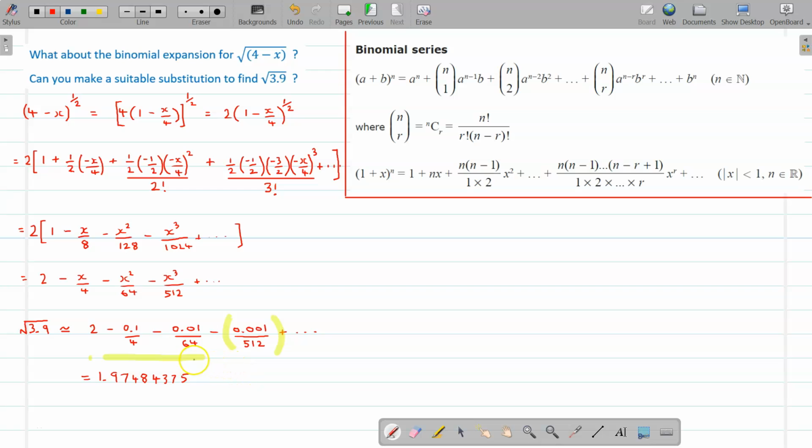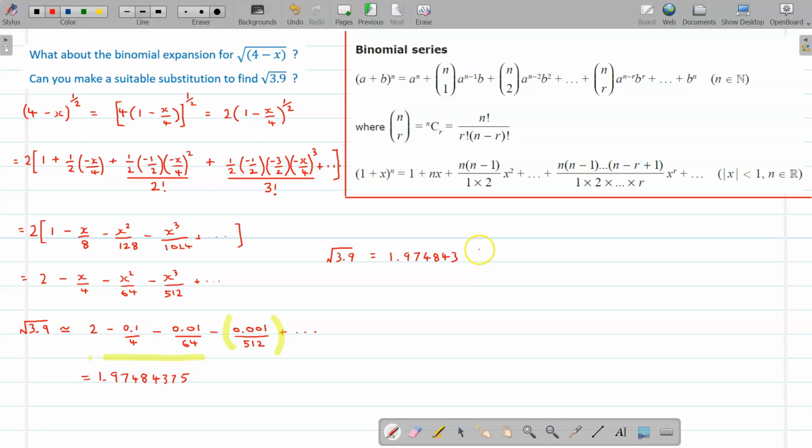Okay, if you got your calculator and put the square root of 3.9 in, the actual value on the calculator decimalized to as many decimal places as it gives you is 1.974843, and then it starts to deviate.